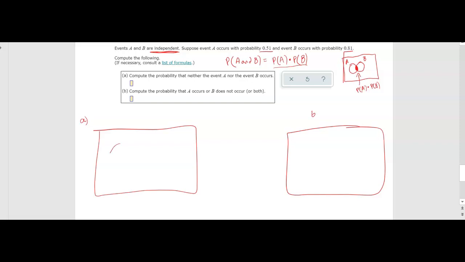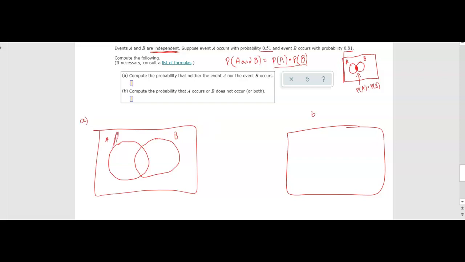So we have event A here, and over here we have our event B. Again, it's saying that neither event A nor event B occurs, so event A cannot occur and event B cannot occur.